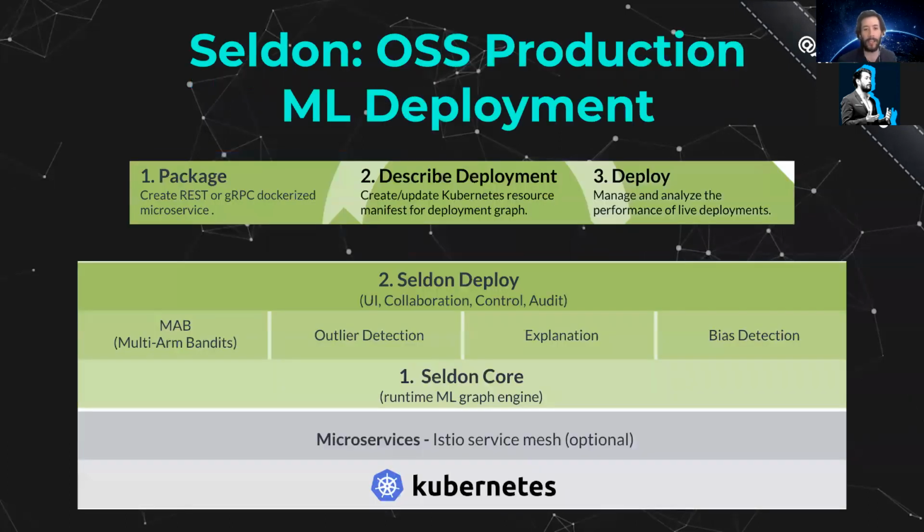And more specifically, my role at Seldon encompasses our open source production machine learning deployment framework for Kubernetes. We focus primarily on the life cycle of models once they have been trained, and all the complexities that come around productionization of machine learning.